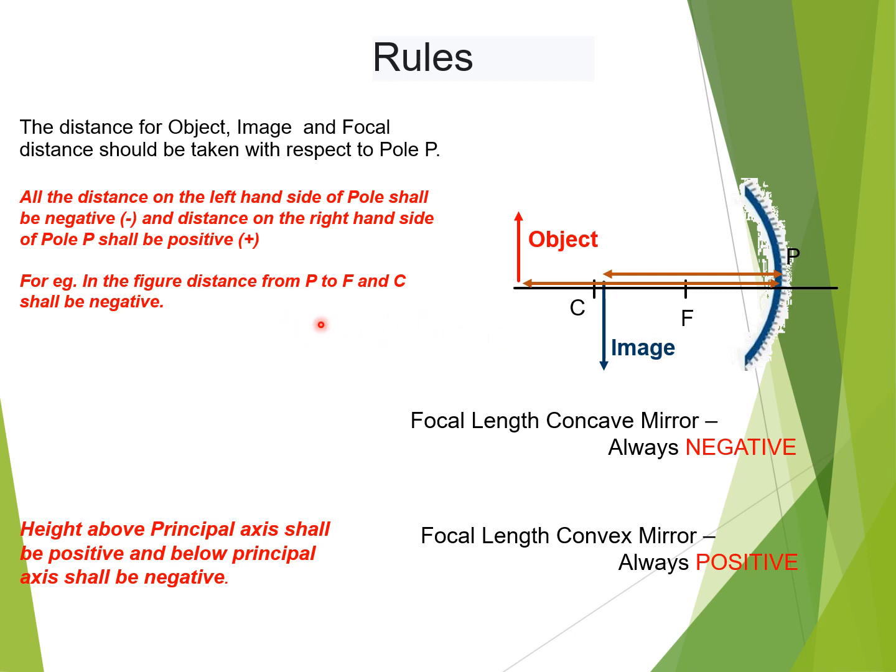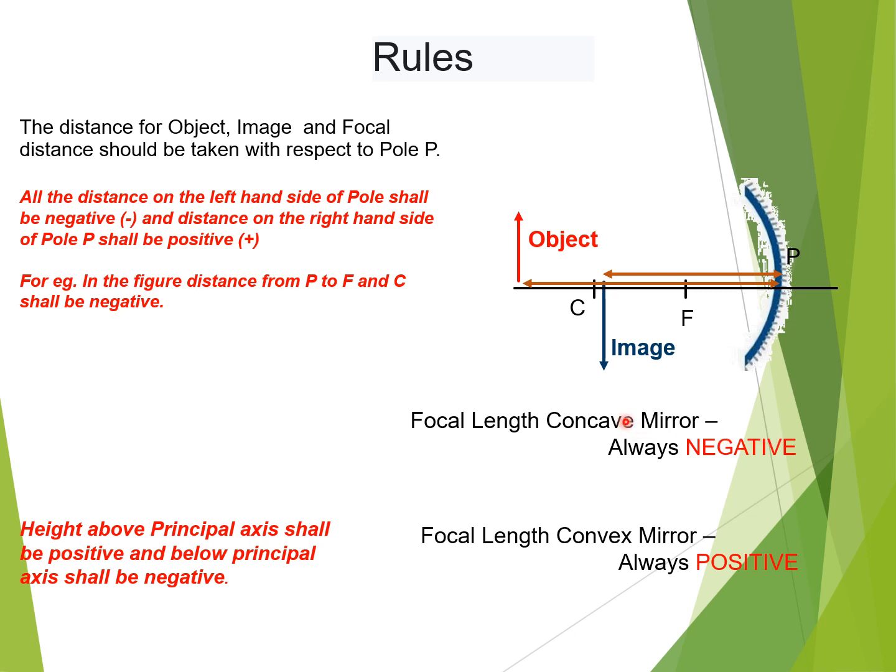So for example, in the figure distance from P to F and C shall be negative. P to F and C, because it is on the left side, it shall be negative. Then focal length of concave mirror shall always be negative.